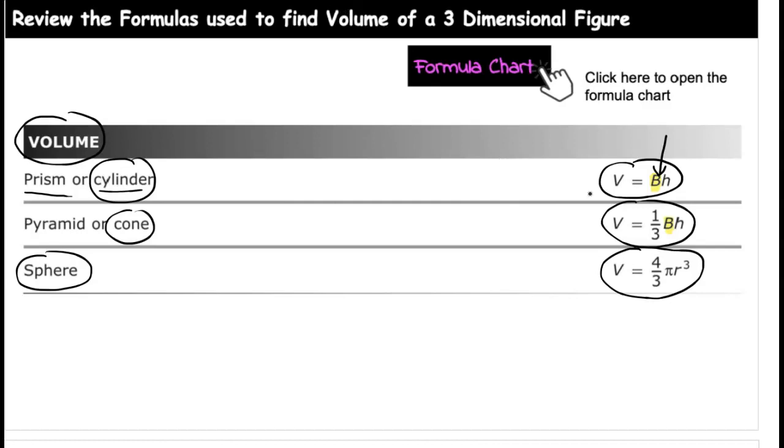Cylinders and cones do have bases. So that's the reason why it has the capital B. Now specifically, every time that we see the capital B, we need to think to ourselves, it is the area of the base.